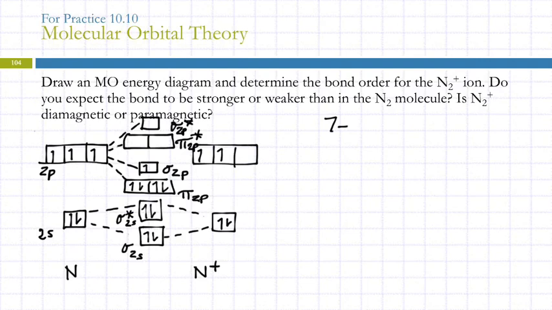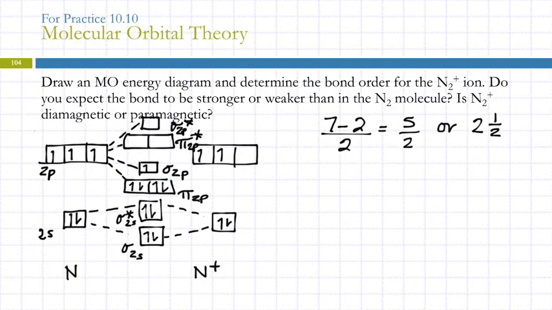How many in anti-bonding orbitals? 2. And that's divided by 2. So 7 minus 2, this is going to be 5 halves, or 2.5, right? So do we expect this to be stronger or weaker than N2?